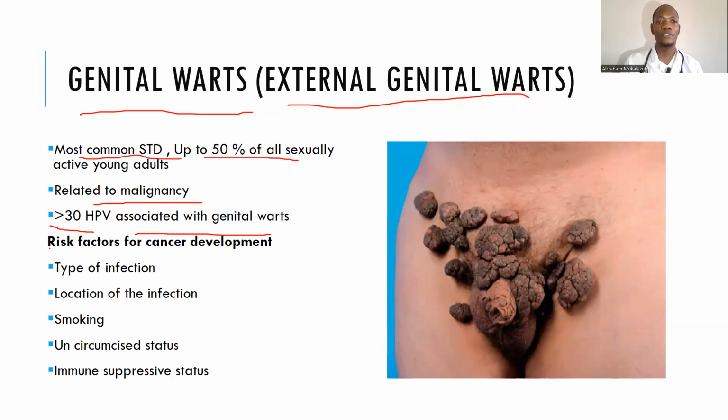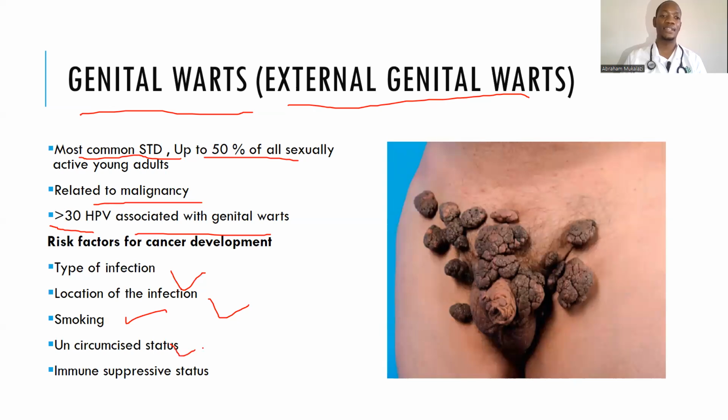the cervix. So the risk of developing cancer usually depends on the type of the infection, which virus type has infected you. Is it high risk, intermediate, or low risk? Then if someone is smoking, and also the site where the virus has gone. Sometimes, if the infection is within the rapidly growing cells of the cervix at that border, then you end up with a risk of developing cancer.